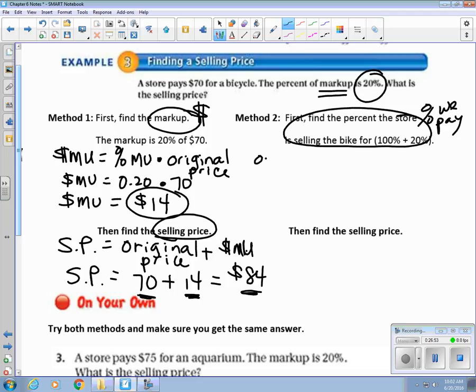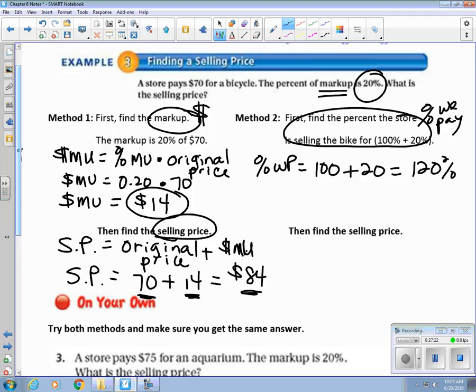The percent we pay always starts with 100%. That's the original price, and in this case, the original price is the $70 that the store paid for the bike. But since it's a markup, which means we're going to increase the price, instead of subtracting from 100, we're going to add to 100. We're going to add the 20%. And that now equals 120%.